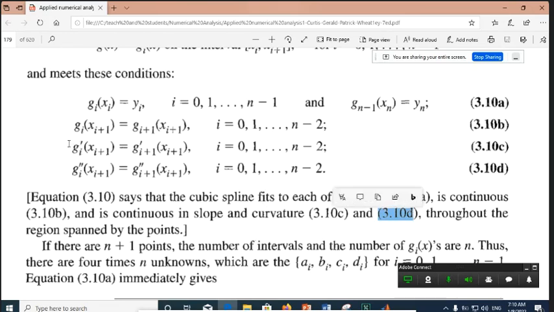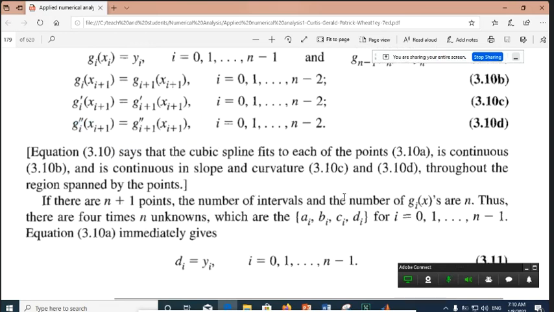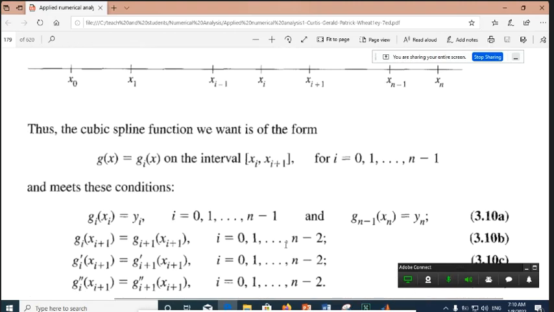The first one is continuous in slope and continuous in curvature throughout the region spanned by the points. We should apply this equation to ensure our interpolation.